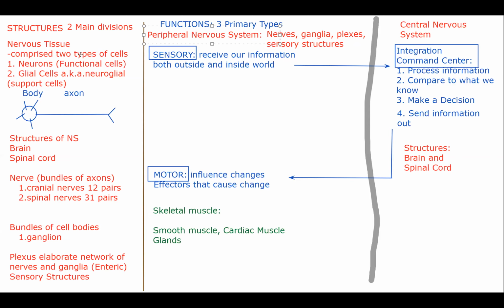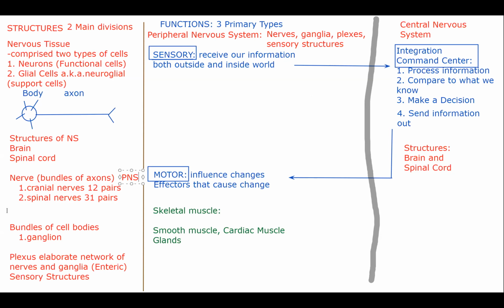Now that we've made this division, there is one more thing I want to highlight, and I'll do this in pink. Nerves, notice, are only a component of the peripheral nervous system. All right. But our brain is going to have bundles of axons as well.